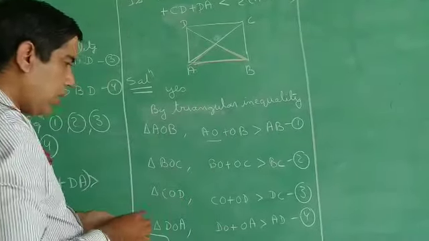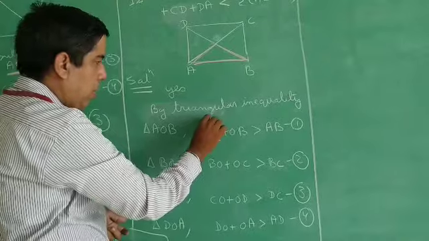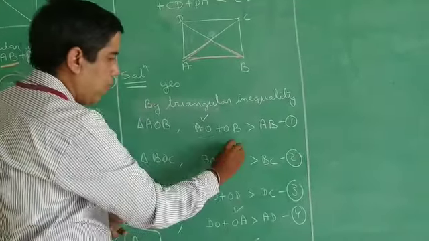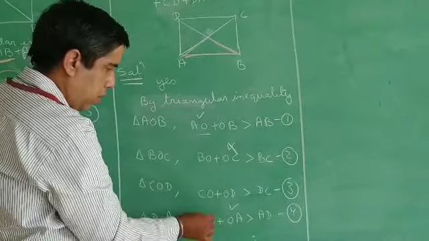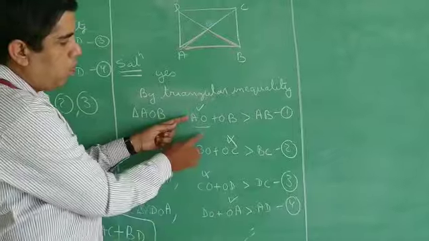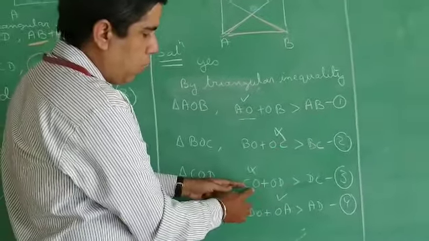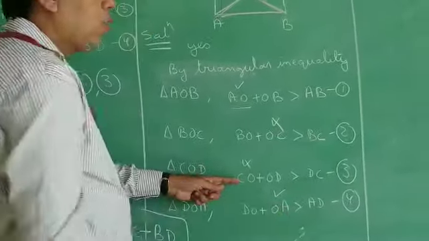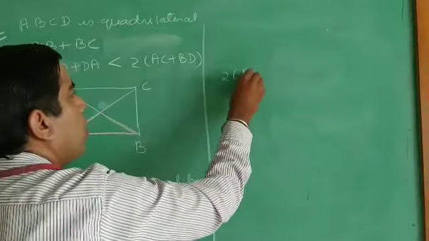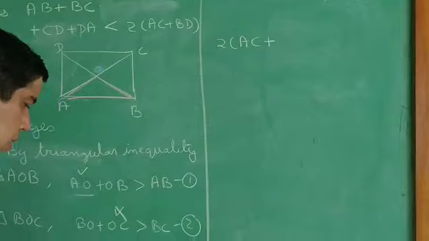So let us count how many AO and AC. AO is here, 1 AO, here also AO. Where is OC? OC is here, and OC is here also. Now you can see it is coming AO plus OC, AC, CO plus OA, again AC. So AC is coming 2 times. Right here, 2 times AC.